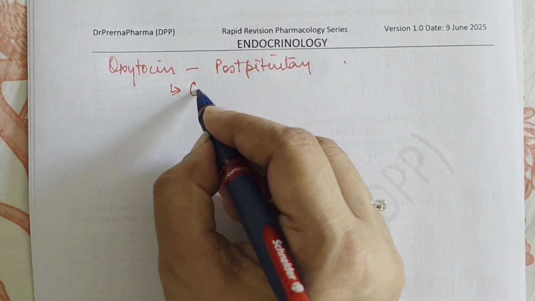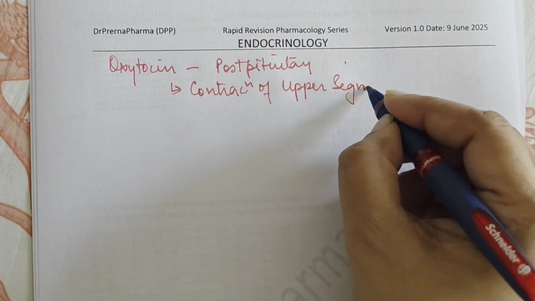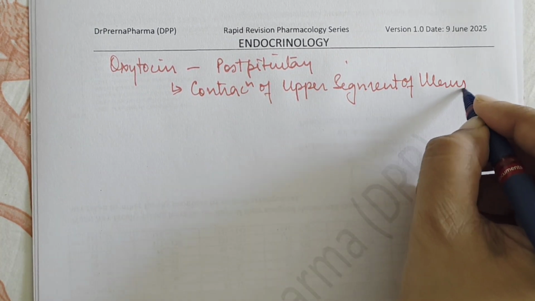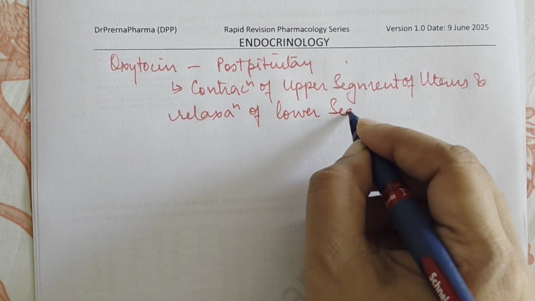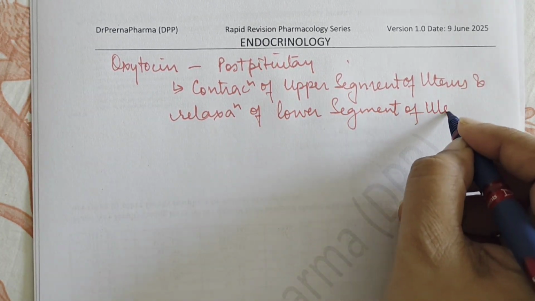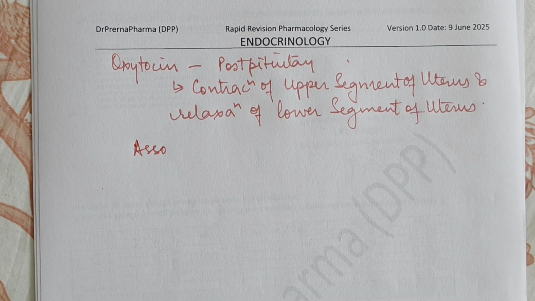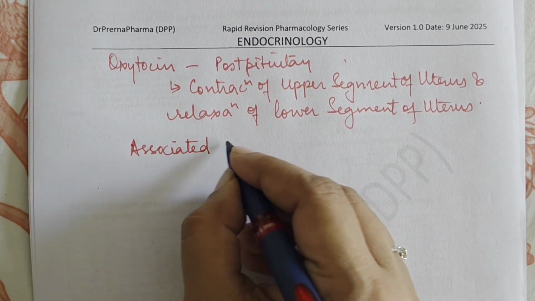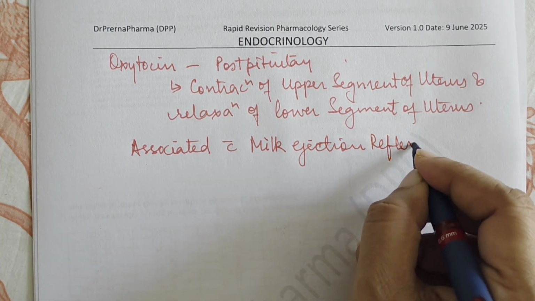It causes contraction of the upper segment of the uterus and relaxation of the lower segment of the uterus. Okay. Now oxytocin is associated with the milk ejection reflex.